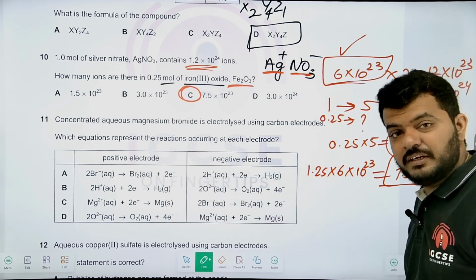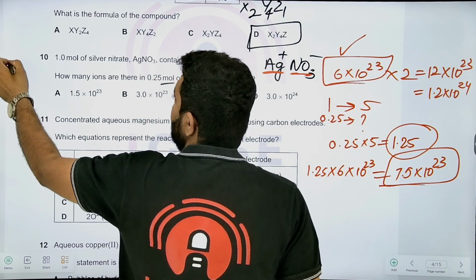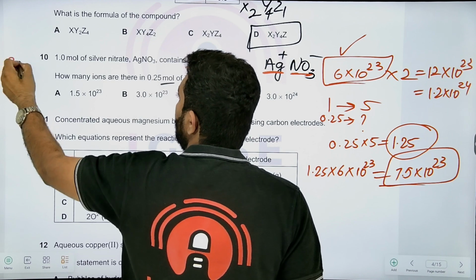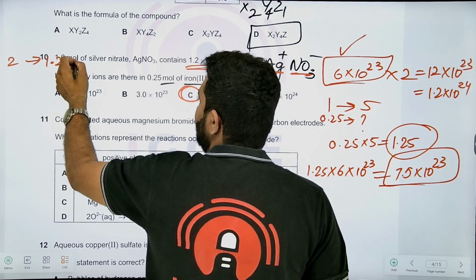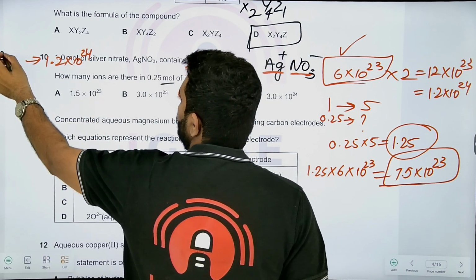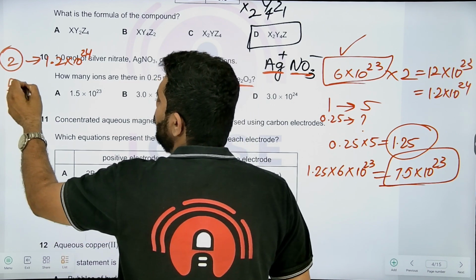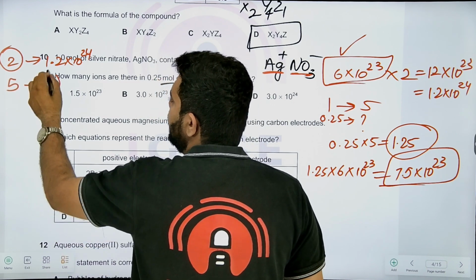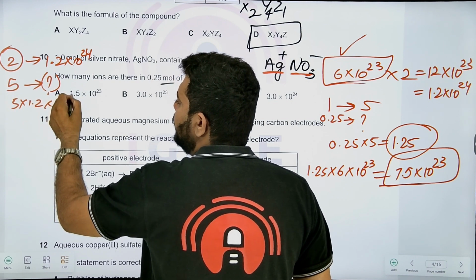Now, what is another method? Probably an easier method. Let's find out. So if there are 2 ions, 1 mole contains 1.2 into 10 to the power 24 ions, right? If there are 2 moles of ions each. Now, if there were 5 mole of ions, how many would it contain over here? 5 into 1.2 into 10 to the power 24.